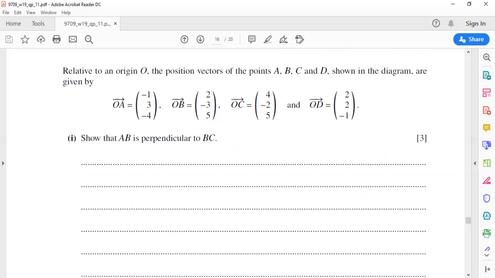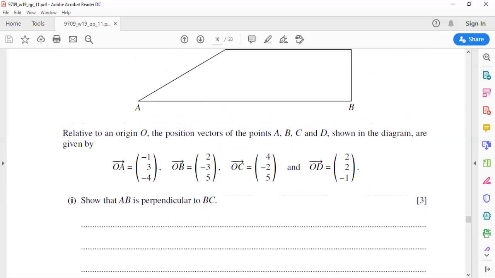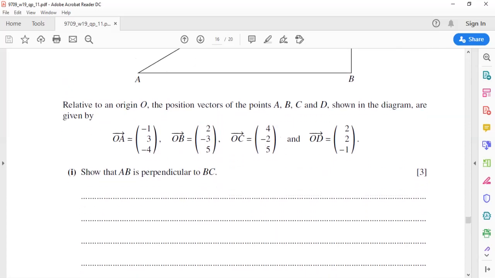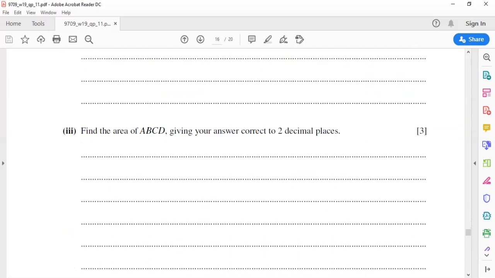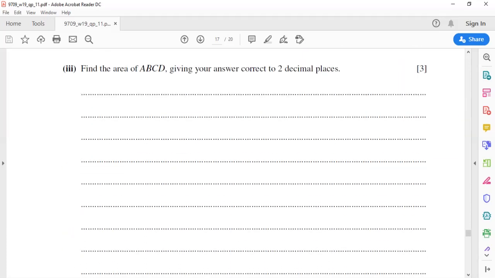And the next one is BC. BC is 4 minus 2 is 2, 1, and 0. So we will be using the magnitude of a vector to find the length of these.